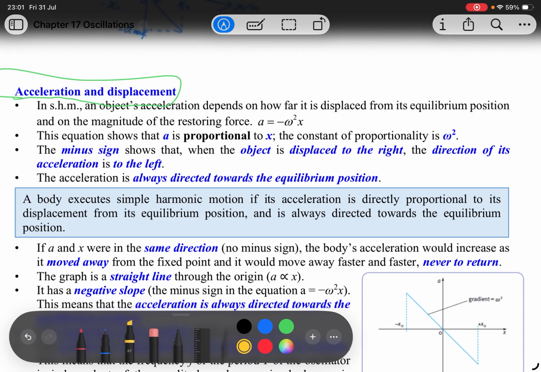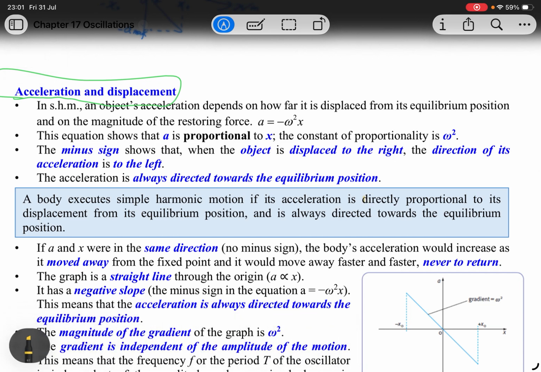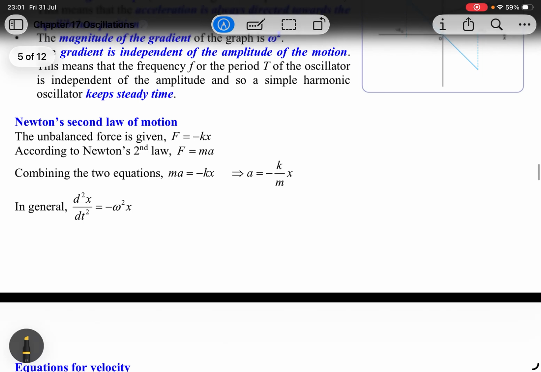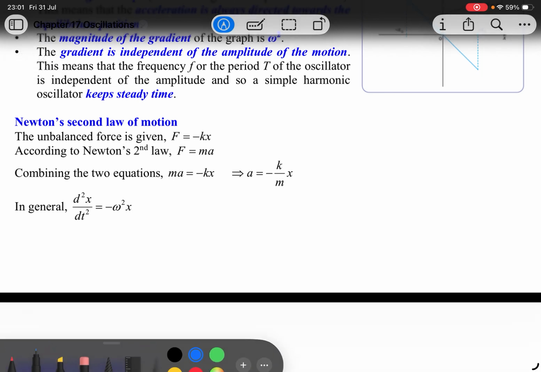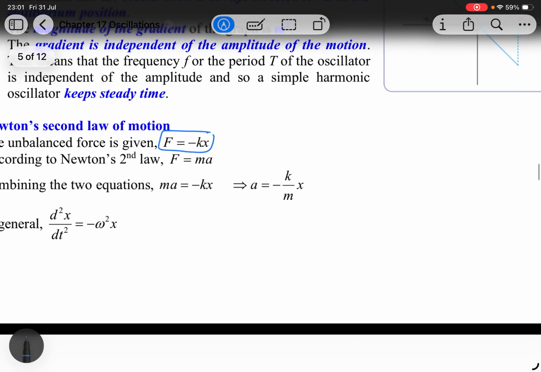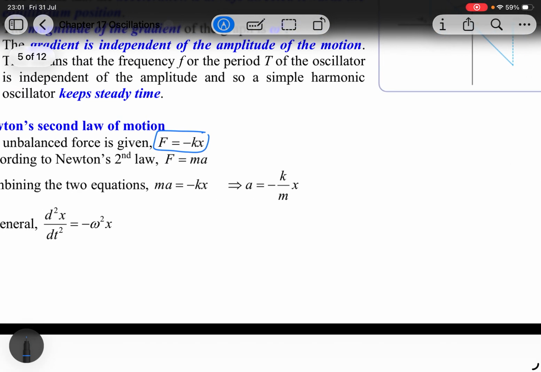And then this is the condition. Simple harmonic motion only occurs when acceleration is directly proportional to displacement and always directed towards equilibrium. Okay. And then this one is just connecting spring and simple harmonic motion. So we know that, let's say I have a spring.